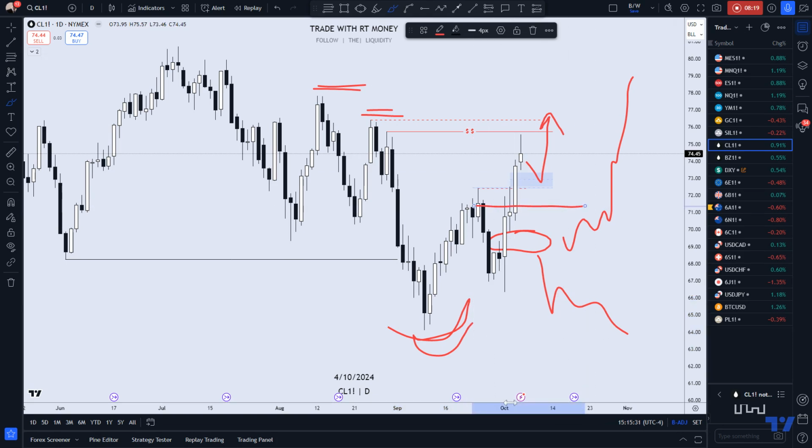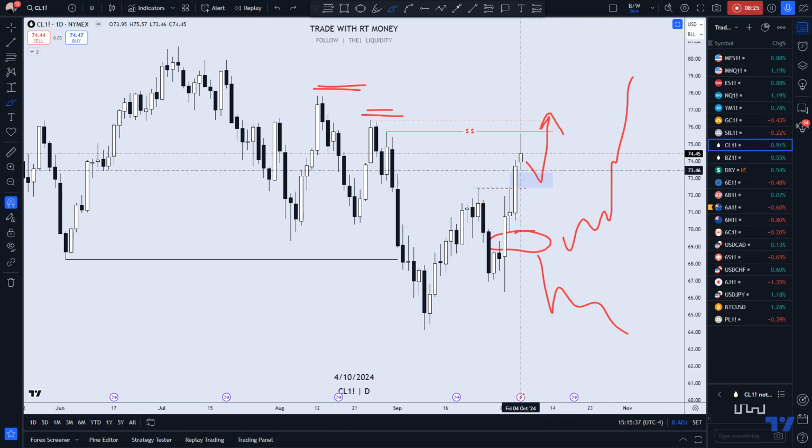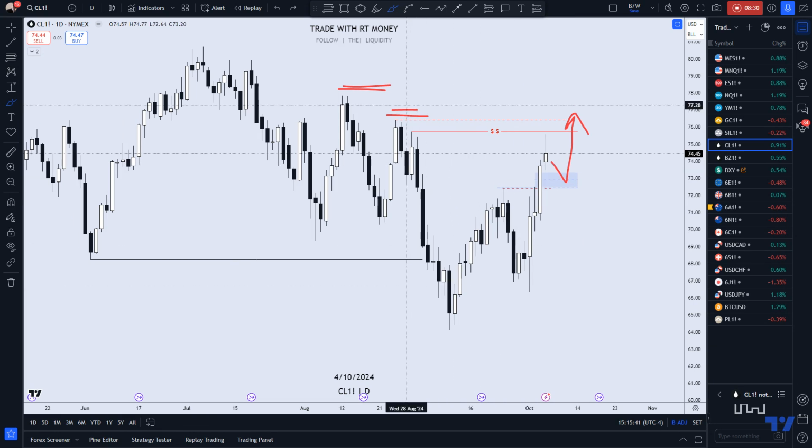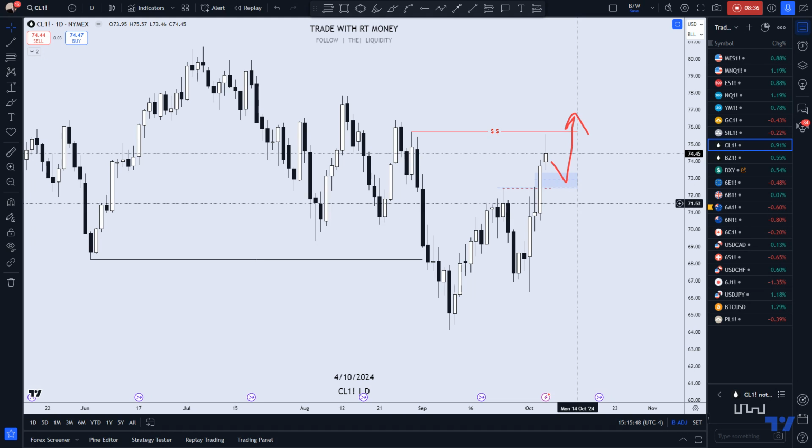I don't want to see it. I really don't want to see it go past here. If I see it start closing past here, I will consider my bias changed to bearish. That's what I'm saying. Yeah. So that is this area here.